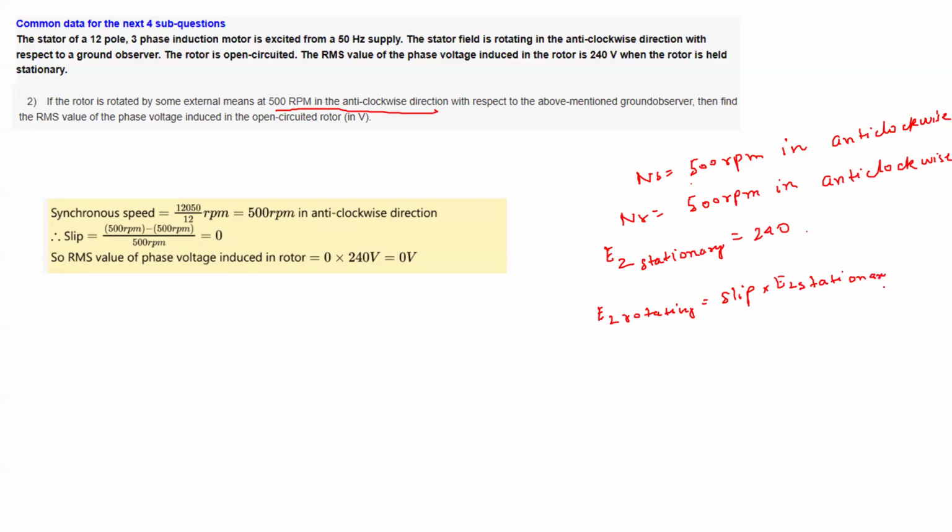And what is the slip for this case? Slip is Ns minus Nr by Ns, which is 0, because this is 500 rpm in both the same directions. So what is this E2 rotating? It is 0 volts. This is the answer, 0 volts.